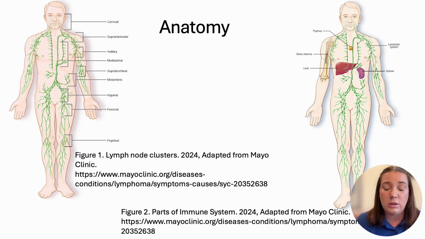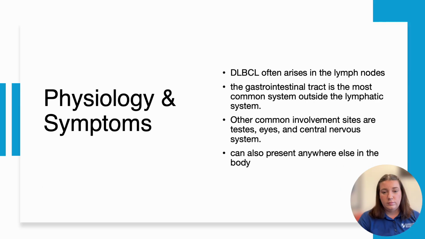A lot of times when the lymphocytes grow out of control, these are the areas that they start doing that first. And then, of course, we start having our malignant tumors.